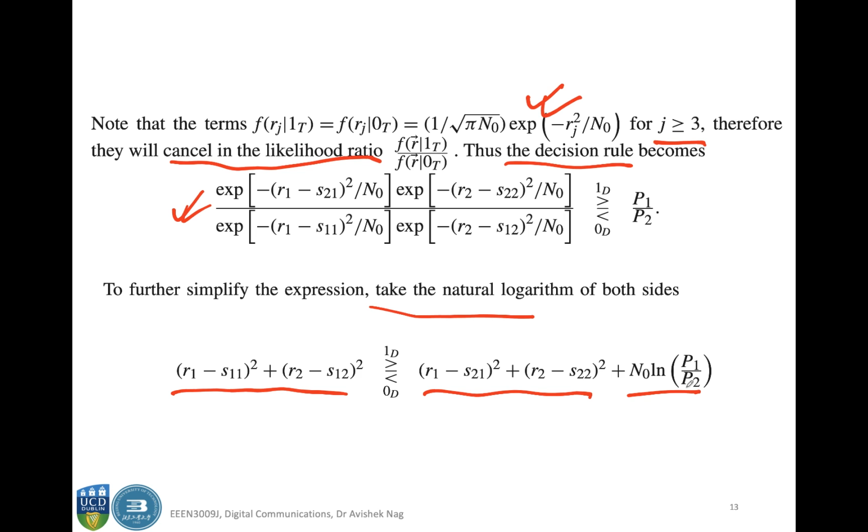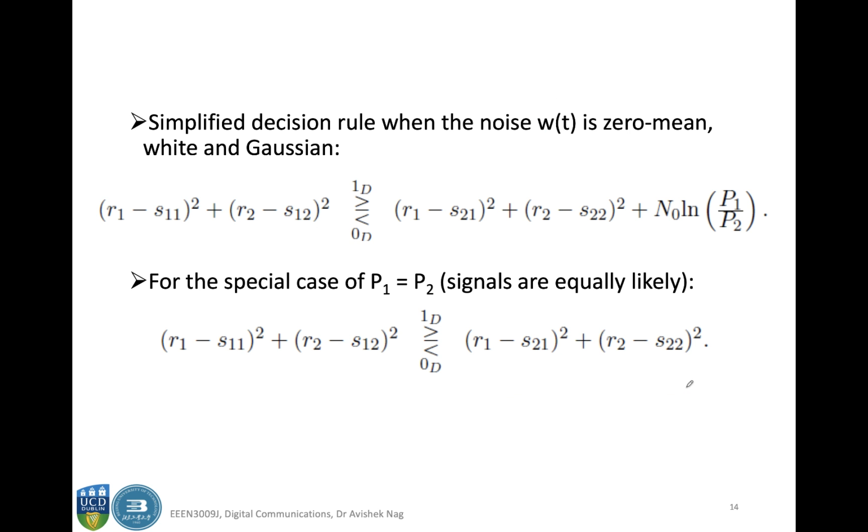Okay. So the simplified decision rule in the presence of zero mean white Gaussian noise is basically this. So you calculate this expression and check whether it is greater than or less than this expression plus this.